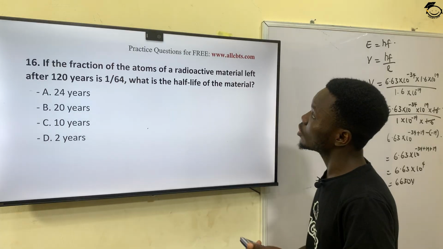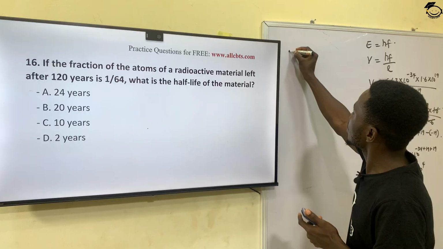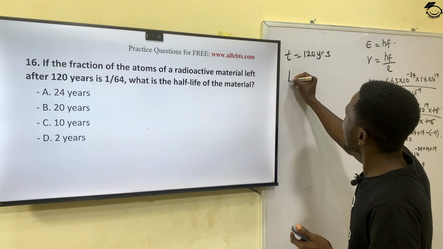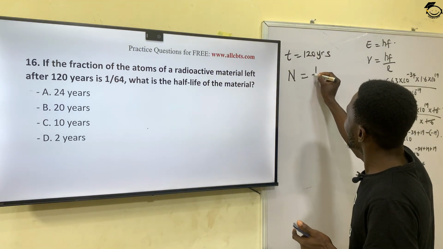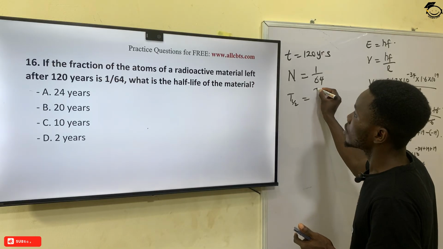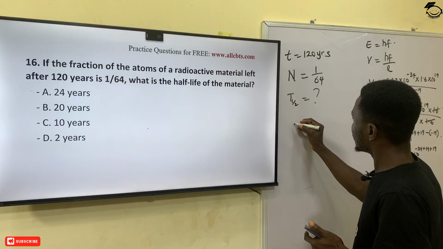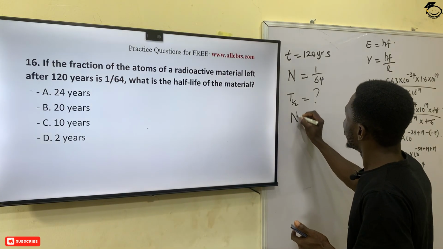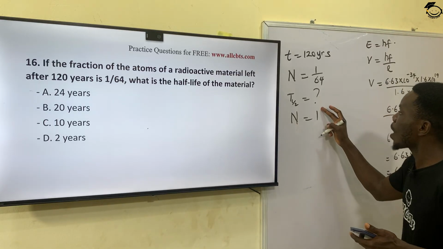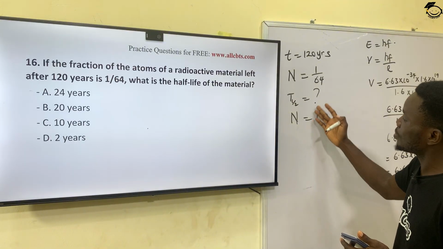It says, if the fraction of the atom of a radioactive material left after 120 years, so the time given is 120 years, so we have our fraction as 1 over 64. What is the half-life? T half is unknown. So in this question, your original fraction is 1, because it was from this one fraction that you continue dividing, because the original radioactive material is 1.